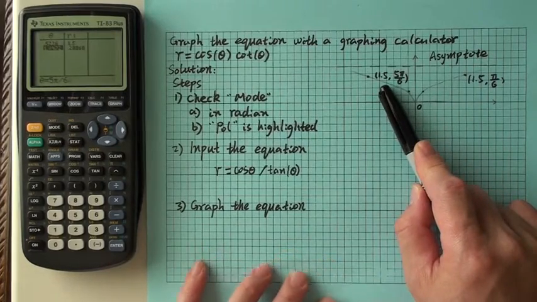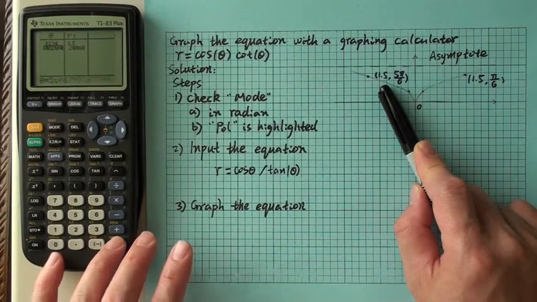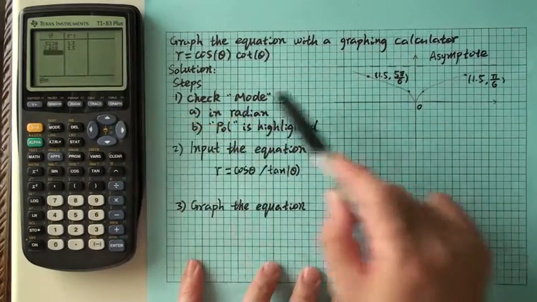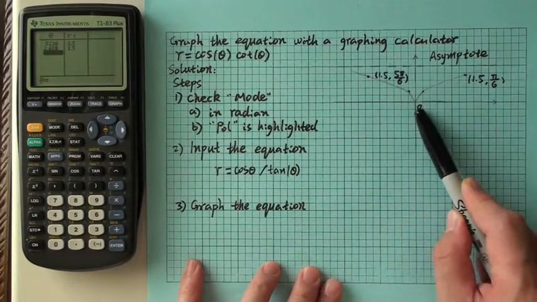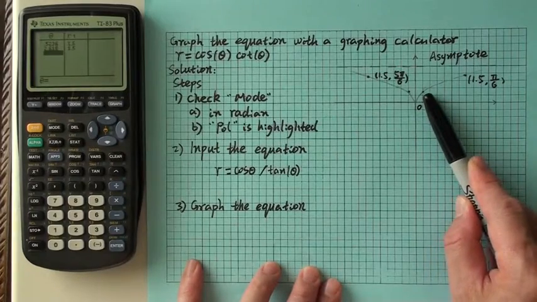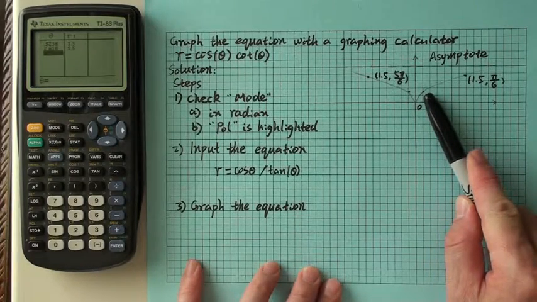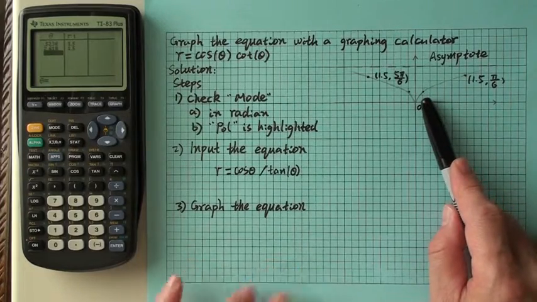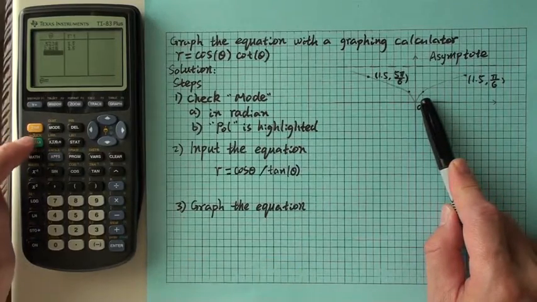And then you will get another 1.5. Now, 60 degrees is what?